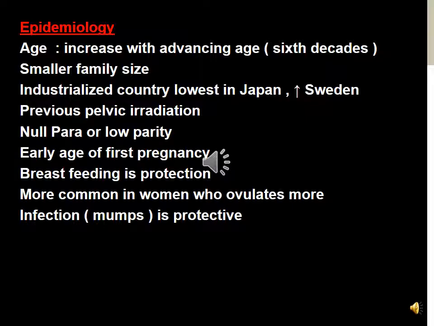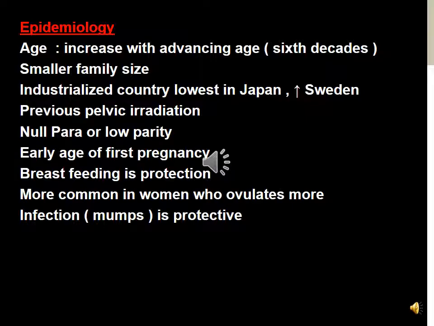So the predictor of ovarian tumor is ovulation. It is more common in women who ovulate more. The more you ovulate, the more risk of ovarian cancer. So the precursor for ovarian cancer is the gonadotrophins.